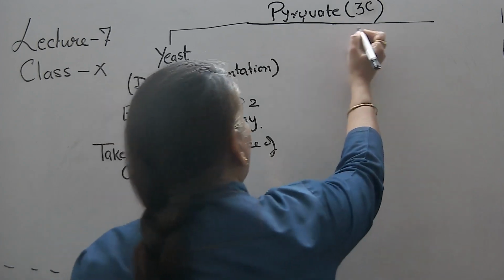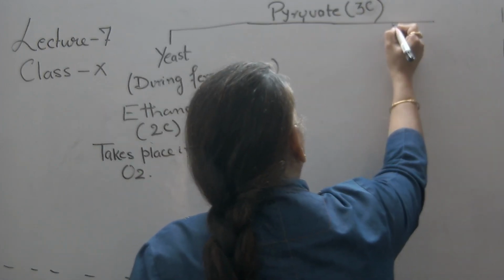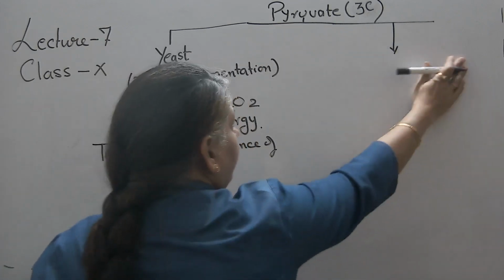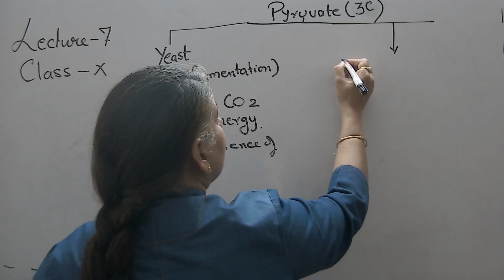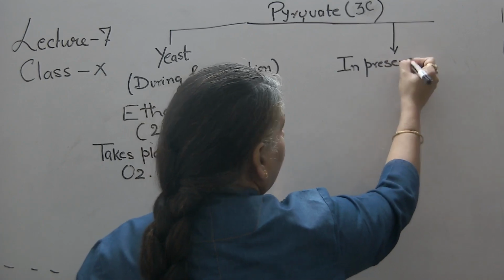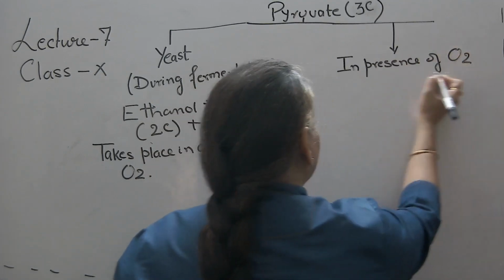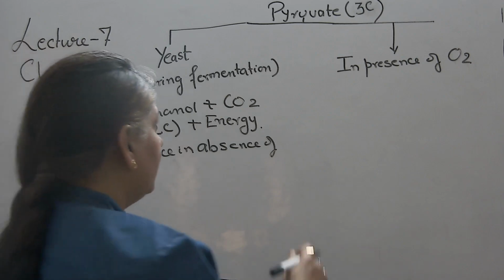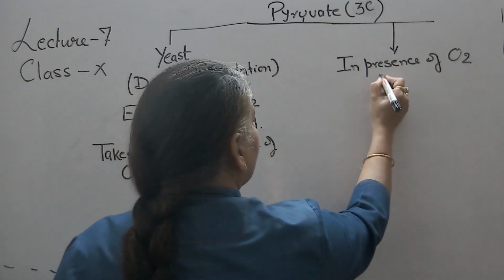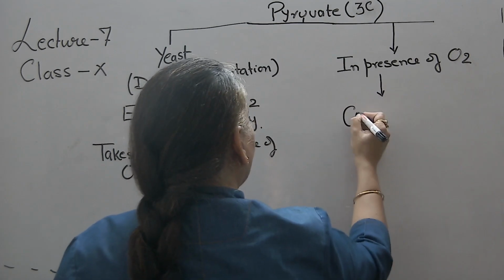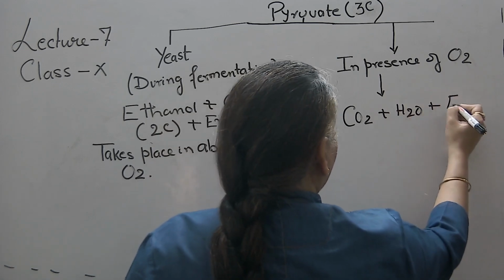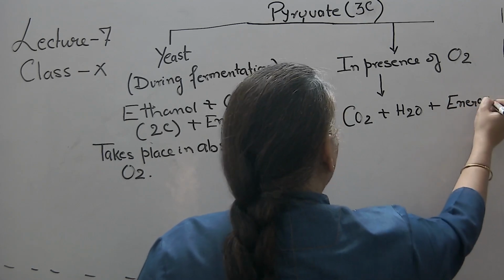Now let's see aerobic respiration, which takes place in the mitochondria of living organisms. In the presence of oxygen, this pyruvate molecule will undergo oxidation and form carbon dioxide, water, and again energy will be released.